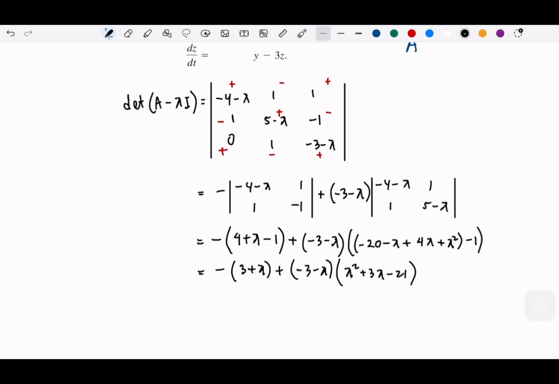Four plus, let me check, 4 plus lambda minus 1, so 3 plus lambda, so negative 3, negative lambda.